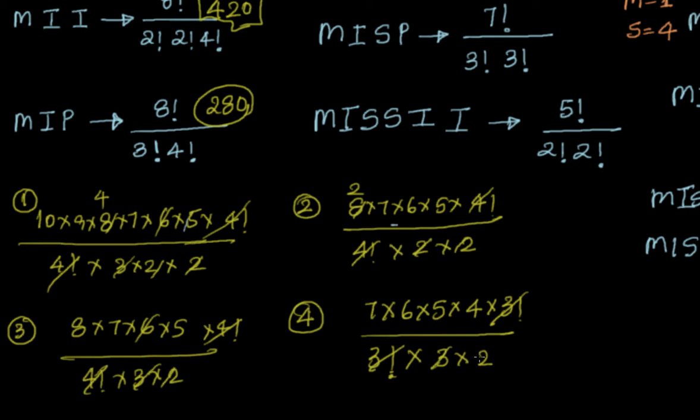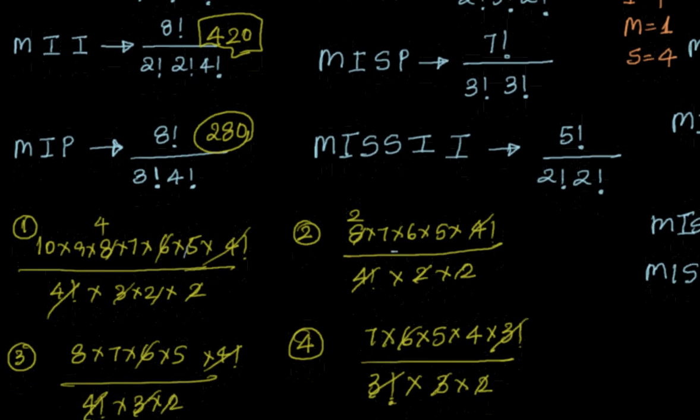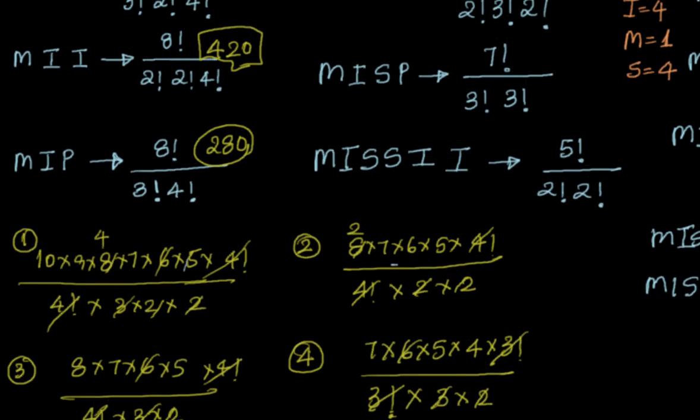Factorial 3 cancels, 3 2s are 6, gone. We have 7 5s are 35 and 35 4s are... which one are we doing? I think we just missed one. Anyway, we will calculate this. This is nothing but equal to 140.